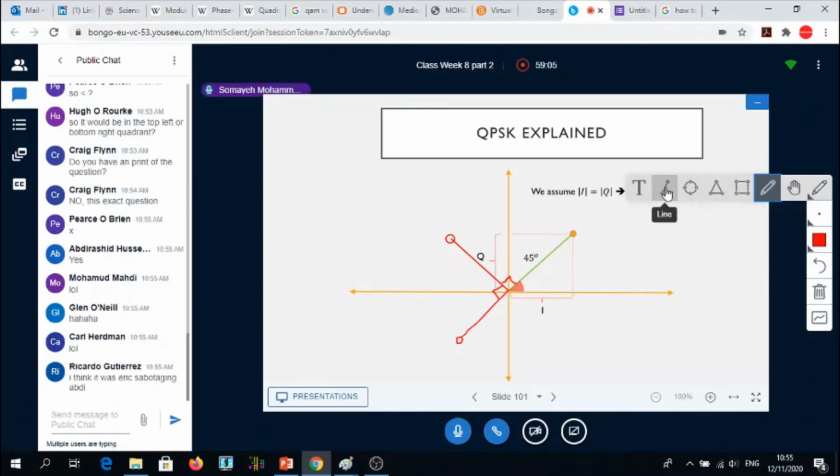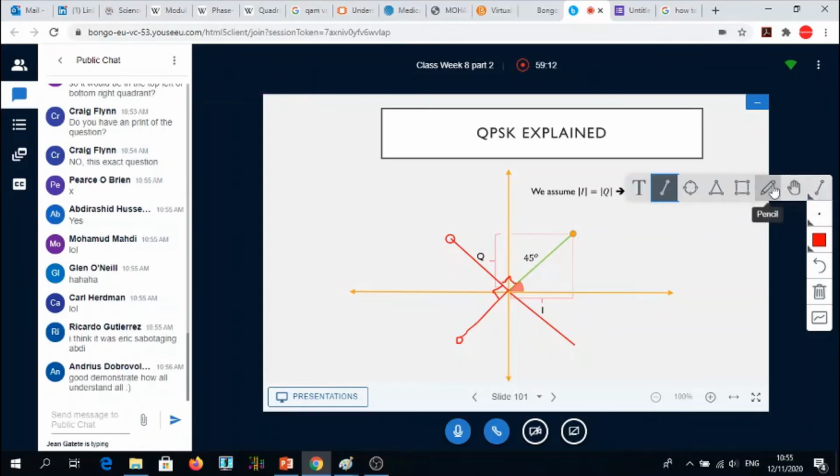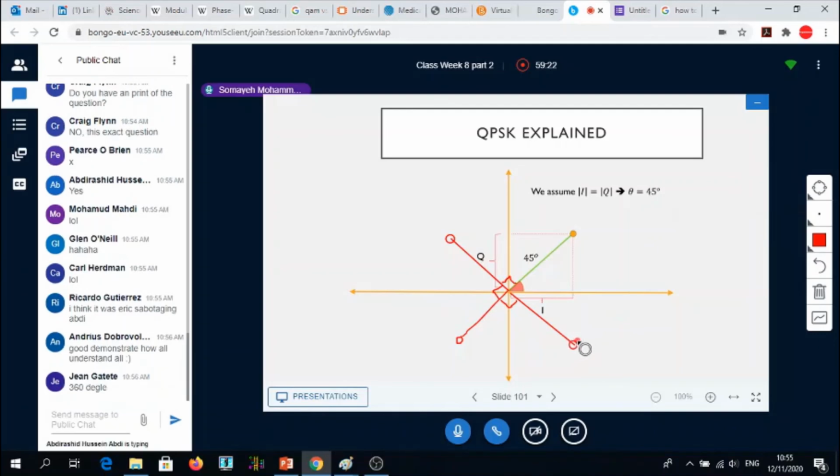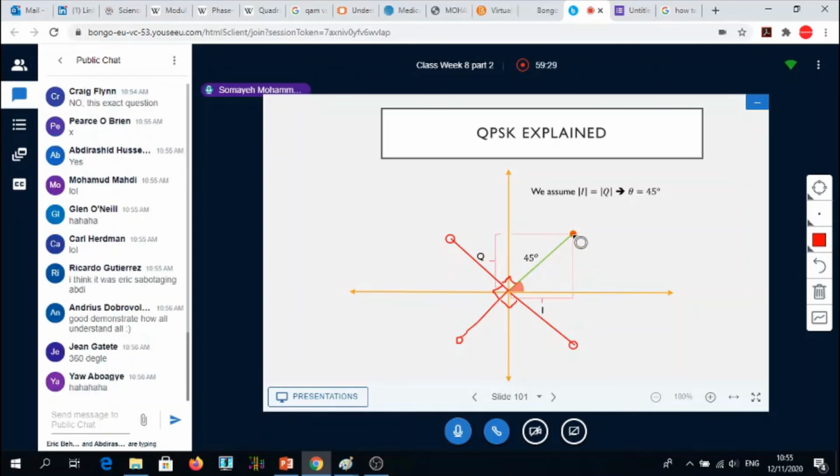It will have another 90 angle, and then I will have my constellation point here. And then if I add another 90-degree, I will come back to my original place.